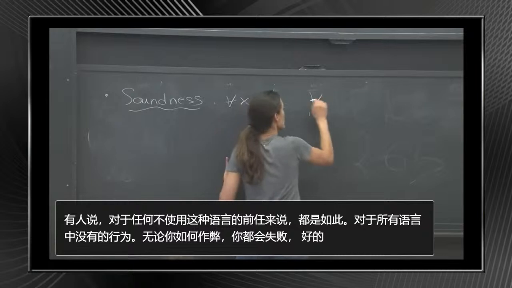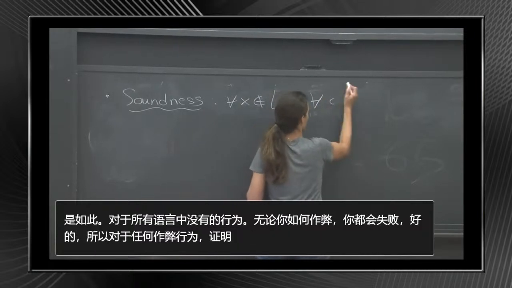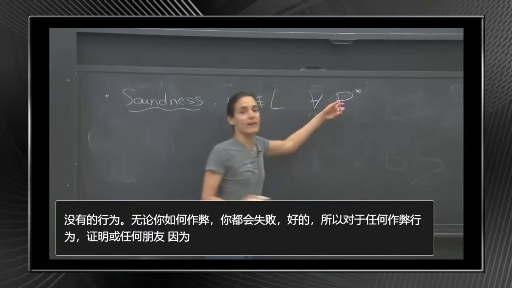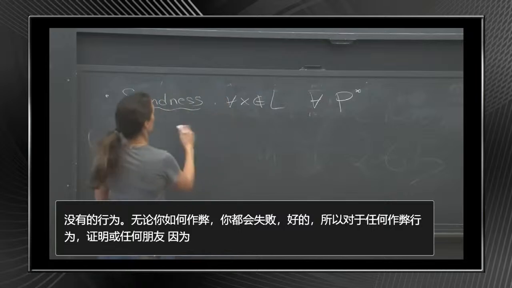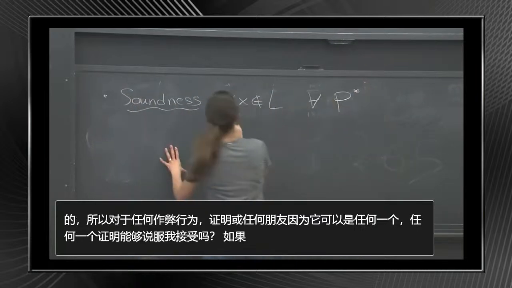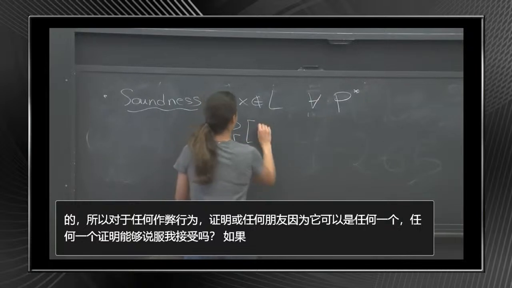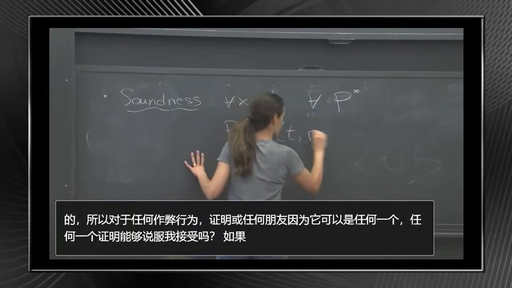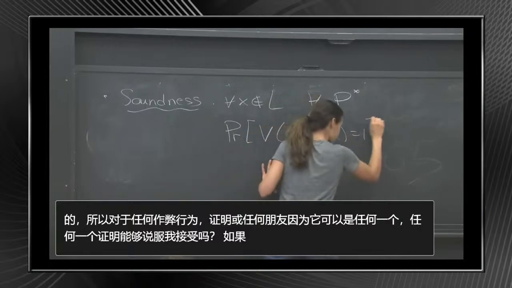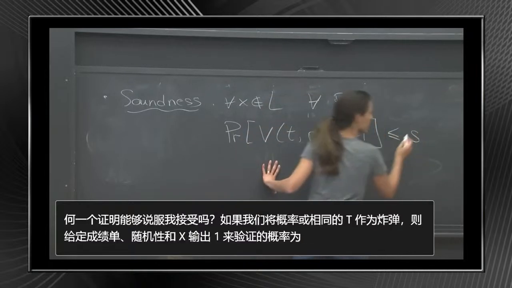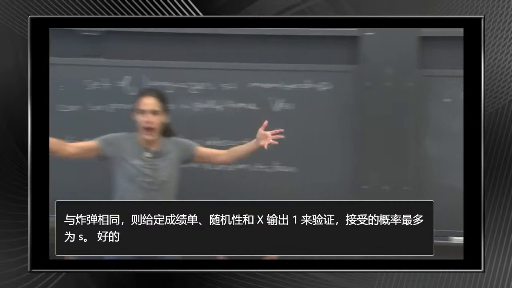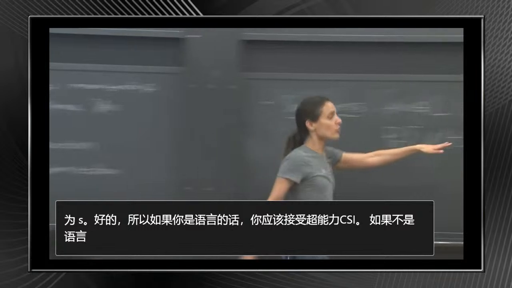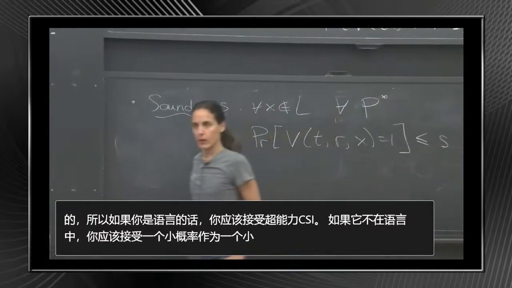For any cheating prover, any P star, that tries to convince me to accept, the probability, for the same T as above, that the verifier, given the transcript, the randomness, and X, outputs 1 and accepts is at most S. So if it's in the language, you should accept with high probability, C is high. If it's not in the language, you should accept with small probability, S is small. Okay?